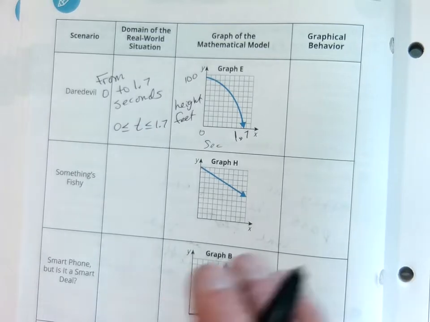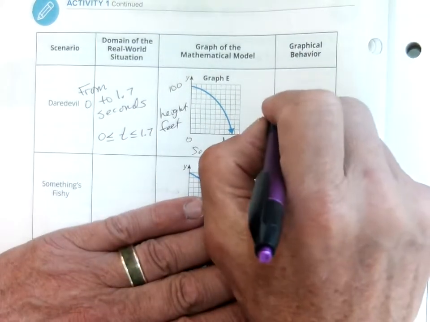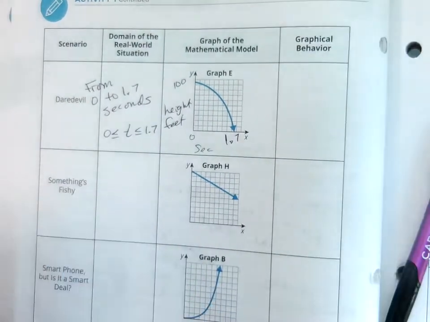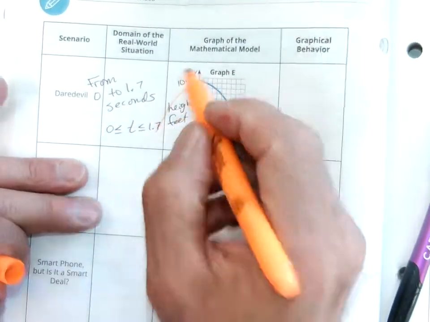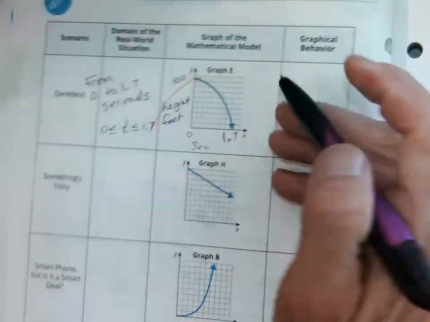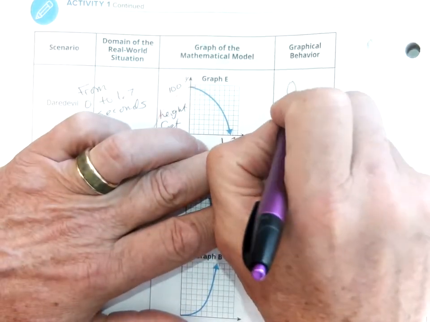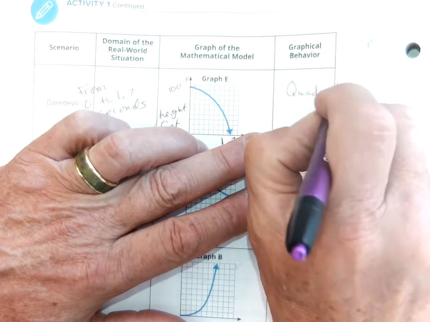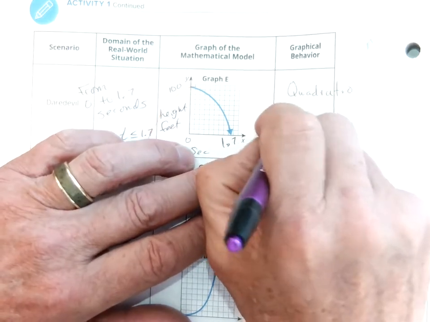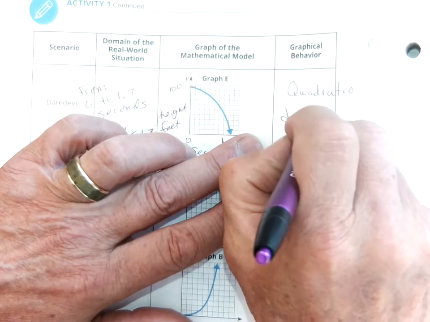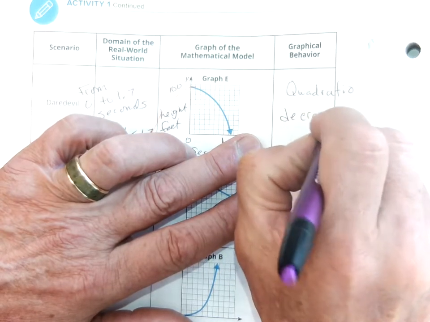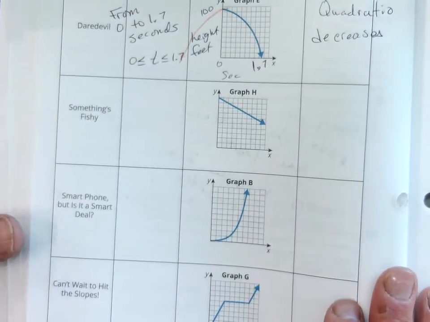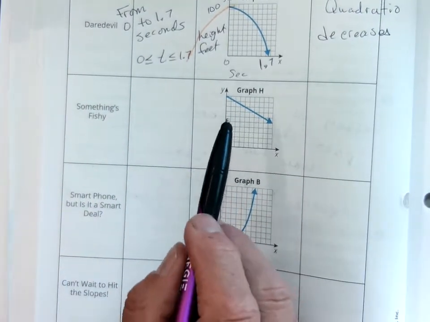The graph behavior really is a quadratic, just upside down. You just don't see the other half of the graph because it doesn't really exist. And it decreases. It's going down.